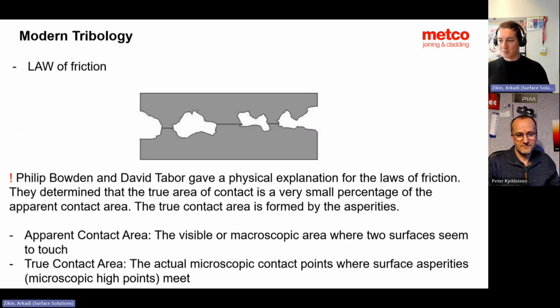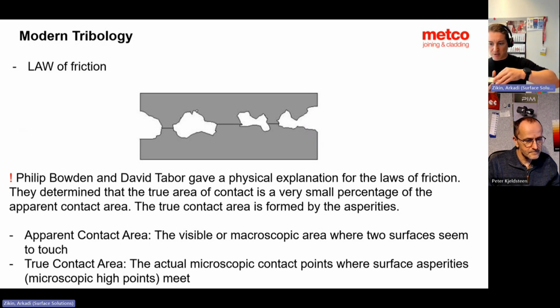The law of friction was formulated, I think in the 1930s, by two brilliant engineers and scientists. We have the so-called apparent contact area, where everybody would say that if two bodies rub each other, you have the full surface connection. But the reality is that you have a true contact area, which is only a few points which interact with each other.